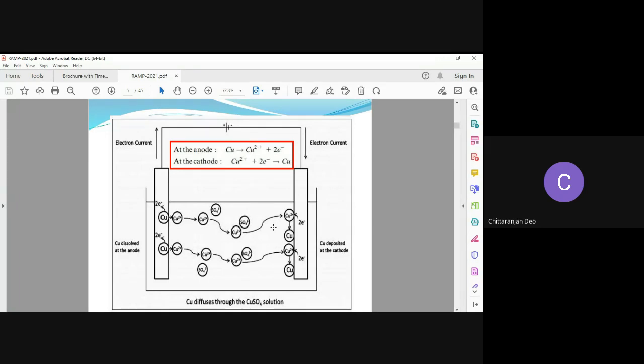If we reverse this, the reverse of electroplating is nothing but electrochemical machining. Instead of depositing these atoms, if we flush them out, we can say machining has taken place at the end.